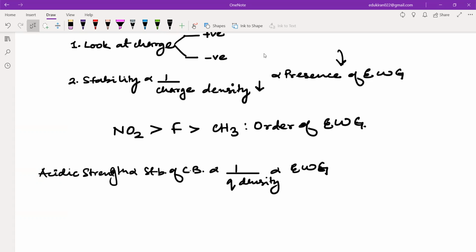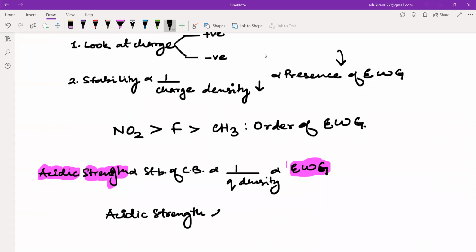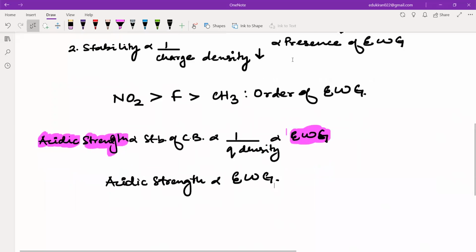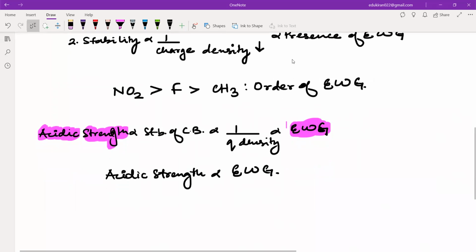Okay, now you can relate directly from electron withdrawing group and the acidic strength. Yes or no? We can directly write the acidic strength is directly proportional to the electron withdrawing group. That is why the order will be same as that of the electron withdrawing group.